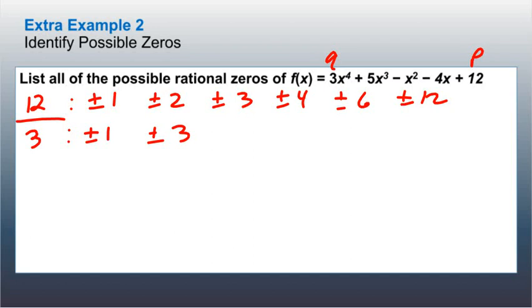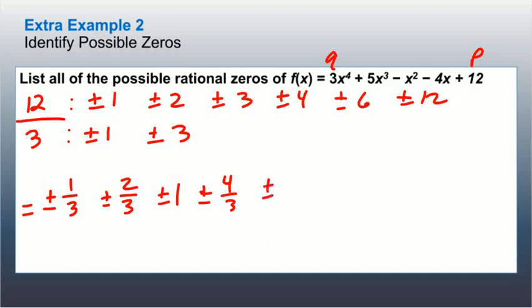Let's do all the fractions first. All the fractions would be positive and negative 1/3, positive and negative 2/3, and then the rest would be positive and negative 1, positive and negative 4/3.